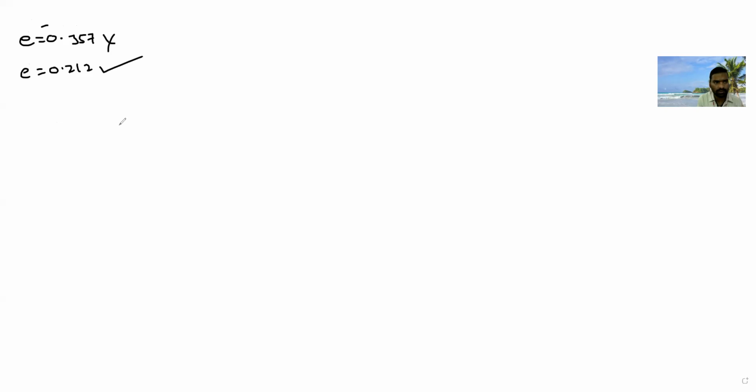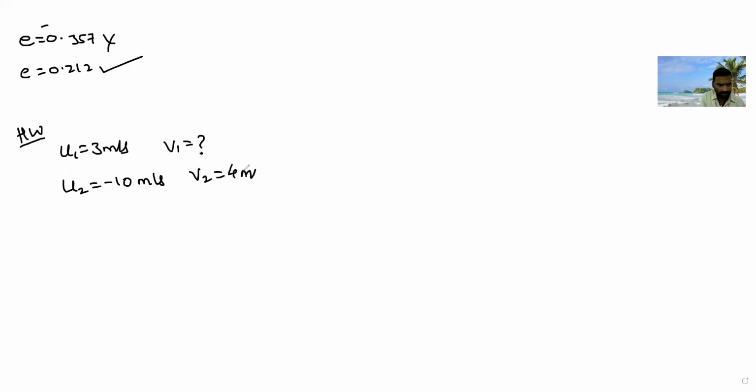So what was the given data? It is a homework problem. U1 is given as 3 meter per second. Then V1 we have to determine. Then U2 is given as minus 10 meter per second. Then V2 is given as 4 meter per second. Is it correct?